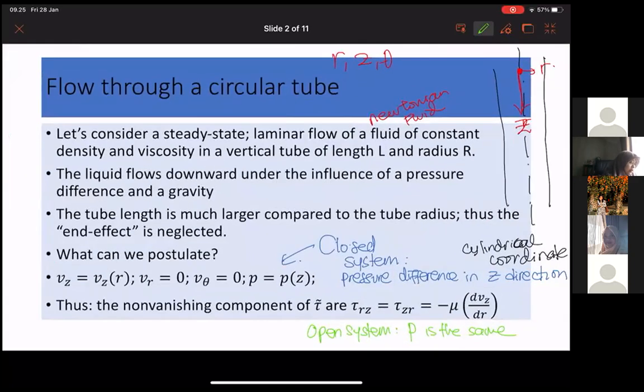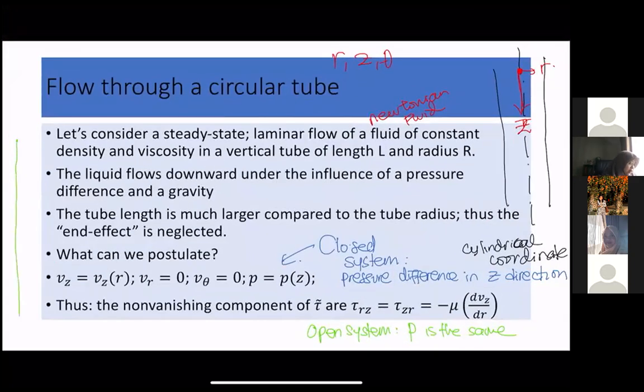The end effect is, maybe I can explain it like this. If we have a very long tube, and maybe in the beginning here there is an elbow or another disturbance, and around here also there is a disturbance, we don't consider that one.